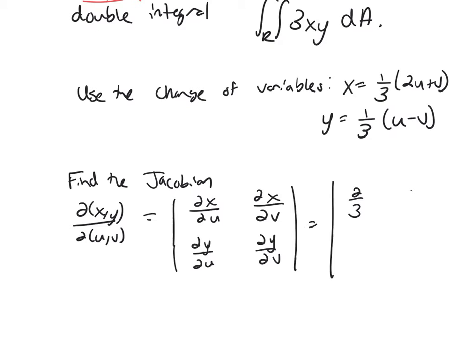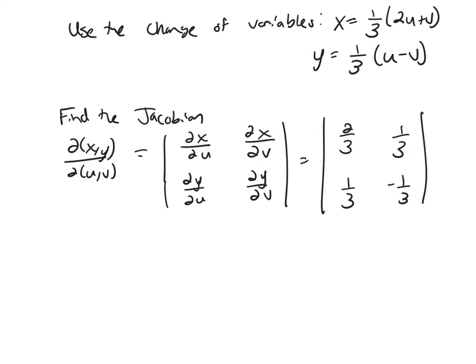X with respect to v would be 1/3, 1/3, and -1/3. So then you multiply diagonal minus the off diagonal, so you get -2/9 minus 1/9, or -3/9, which is the same thing as -1/3.